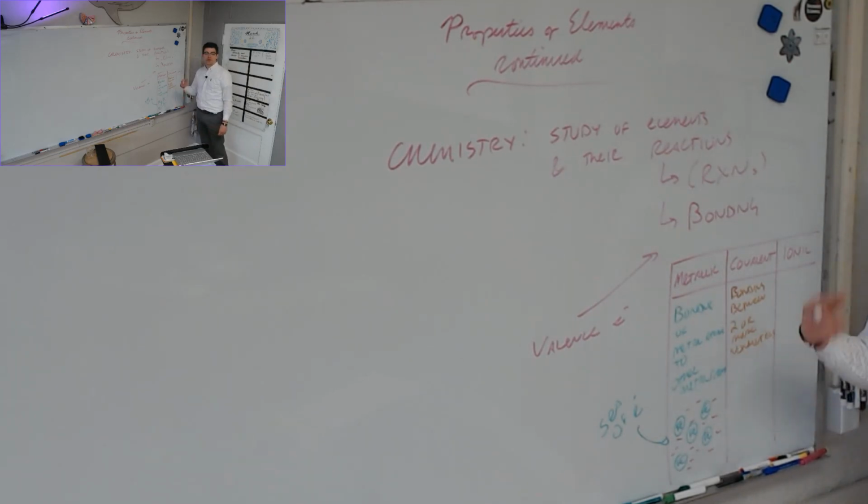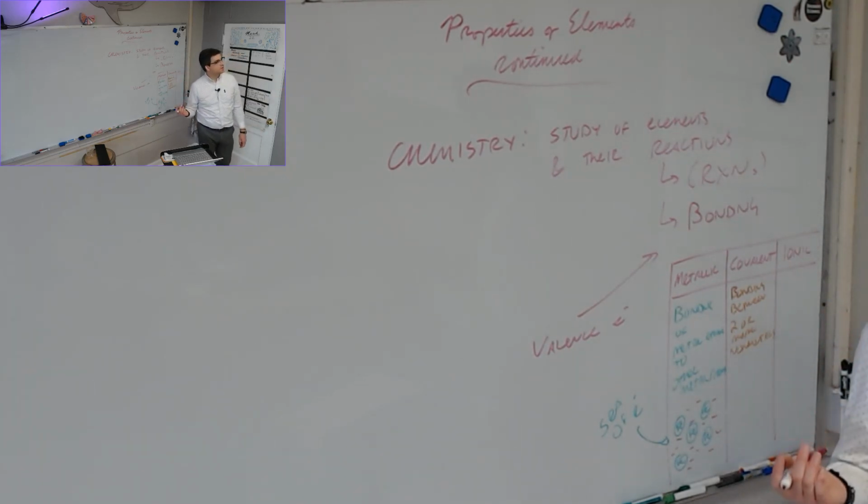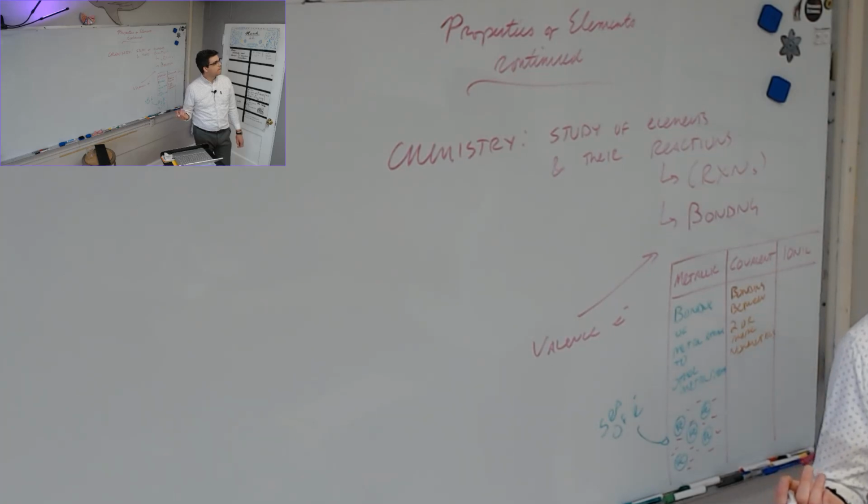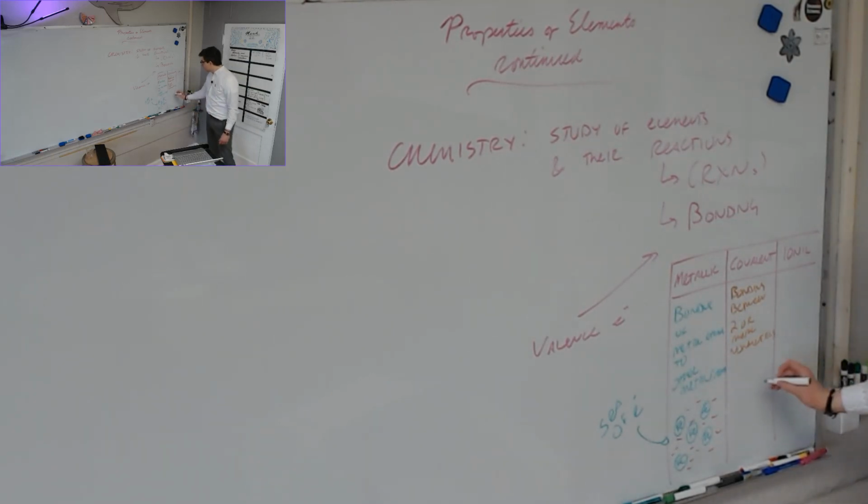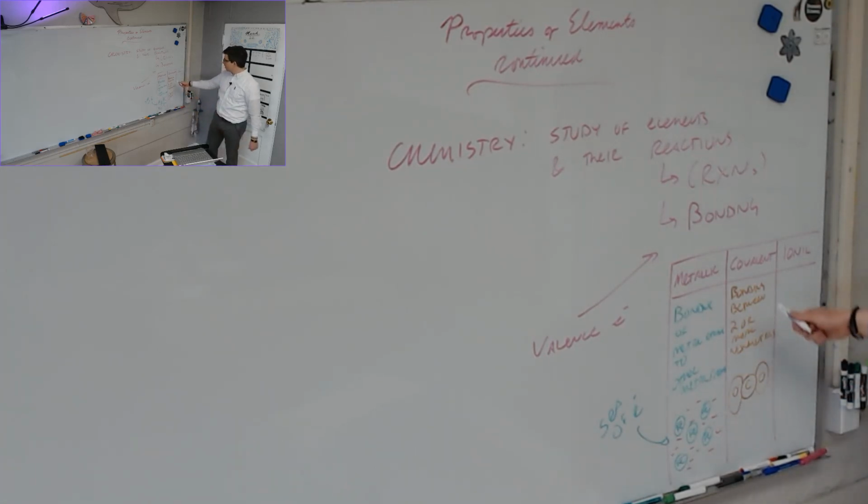So we have, for instance, give me an example of a nonmetal from the board there. Boron. No, boron's a metalloid. Okay, let's not use the noble gases because they don't bond. Yeah, carbon. We'll say carbon and oxygen. So we have one carbon atom and two oxygen atoms, and they're stuck together by what? Break down the word covalent.